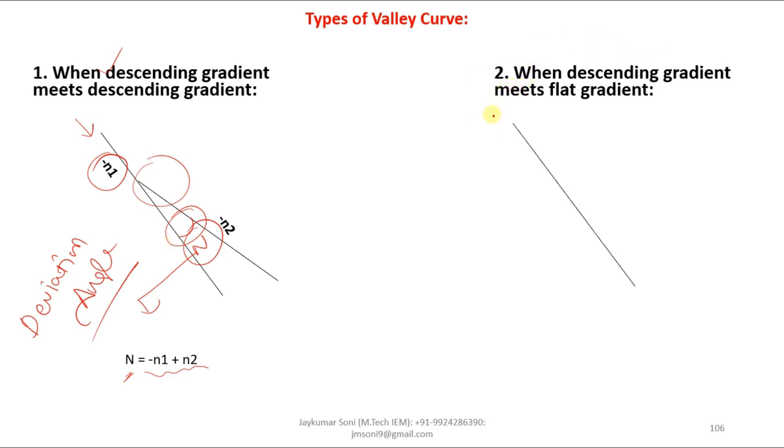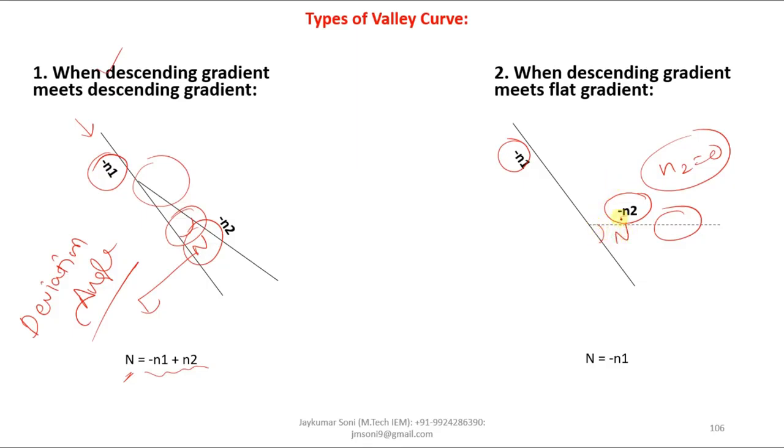So let us take this is the first descending gradient, which is minus n1, and if this gradient meets one of the flat gradients, which is this n2, in such case this value of n2 will be 0, as we can see that this is the flat gradient, and the equation for this deviation angle n will be minus n1 minus n2 here, and the value of n2 is 0, so n is equal to minus n1 minus 0, so it will be minus n1. So this is the second category or second type of valley curve.